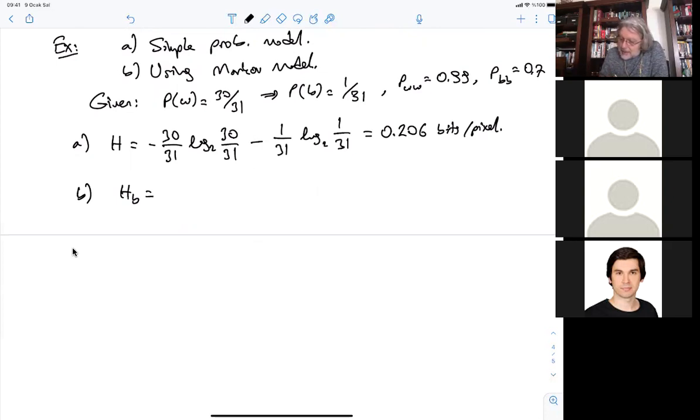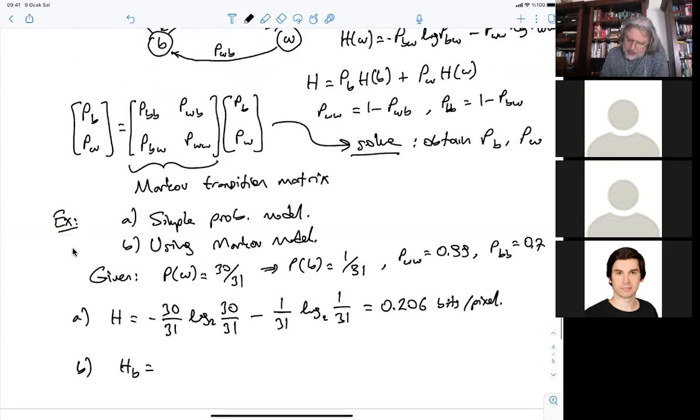And the entropy of the black pixel is from white to black. What is white to black? We can evaluate from here. We are given probability white to white, and 1 minus probability of white to white will give you probability white to black.